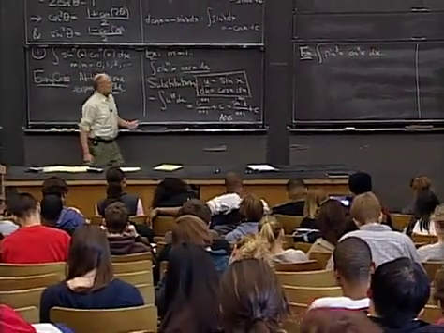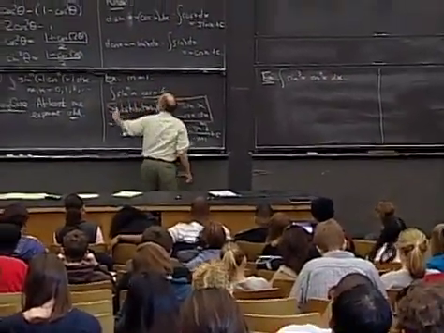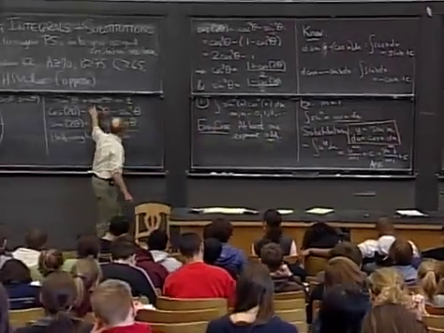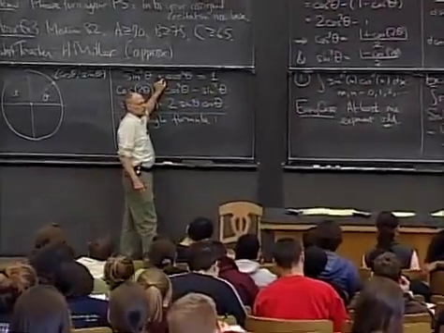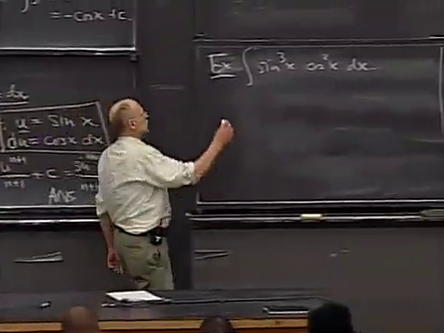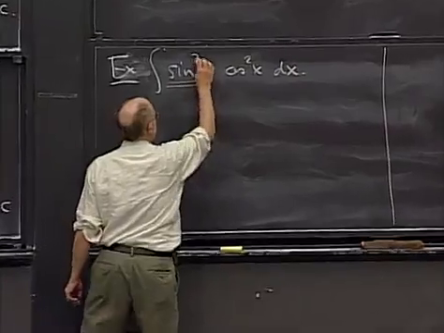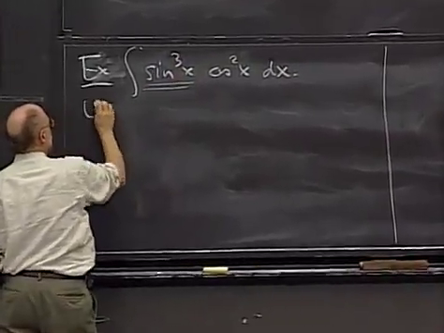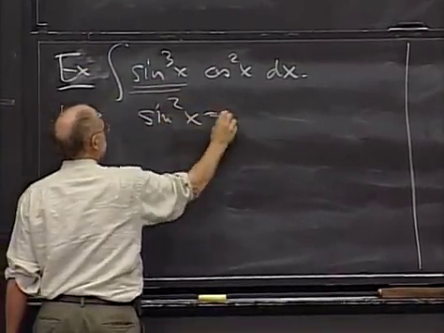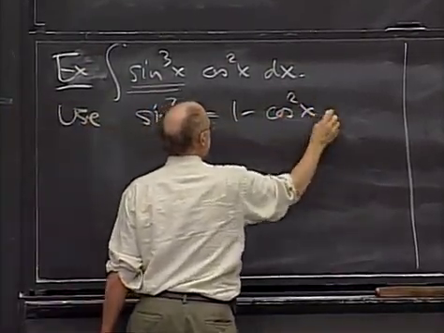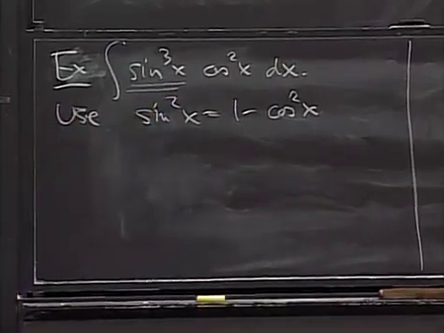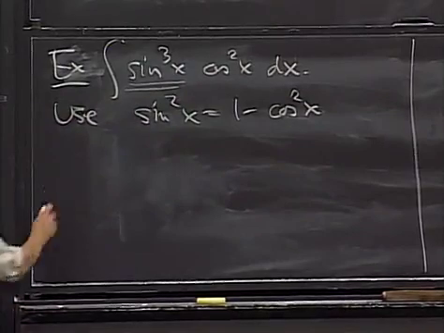Okay, the game now is to use this trig identity to get rid of the largest even power that you can from this odd power here. So use sine squared of x is 1 minus the cosine squared of x to eliminate a lot of powers from that odd power. Watch what happens.